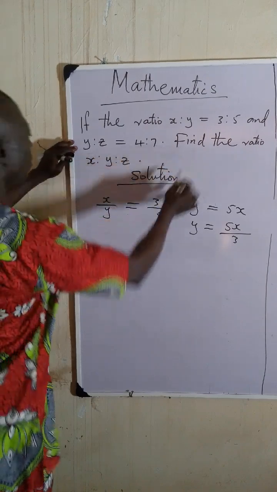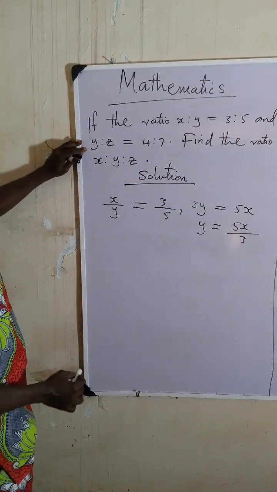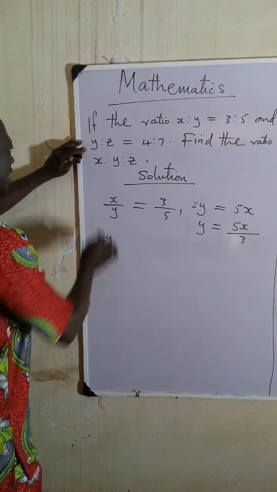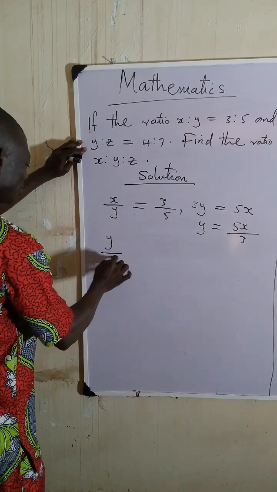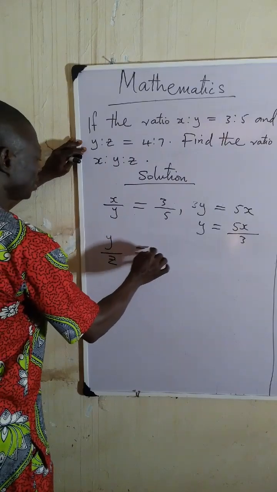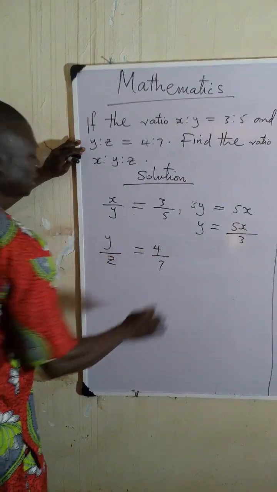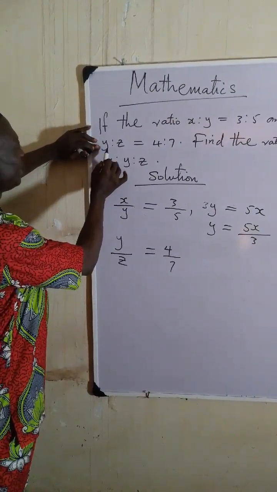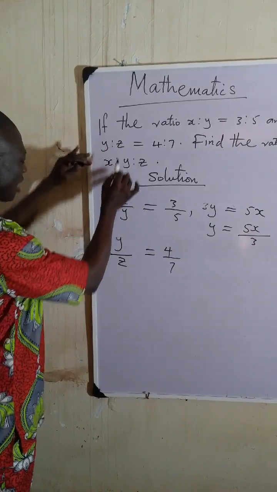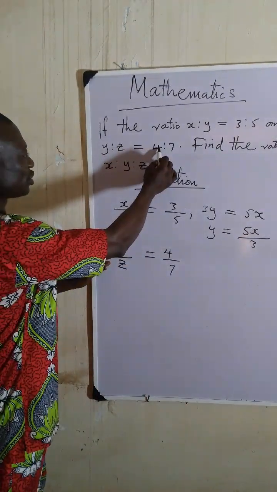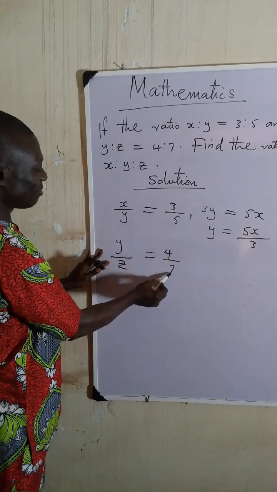We now come to the second part of the question, where y is to z is written as y over z. Now, y over z will be 4 over 7. Remember, the first letter over the second letter, the first number over the second number.